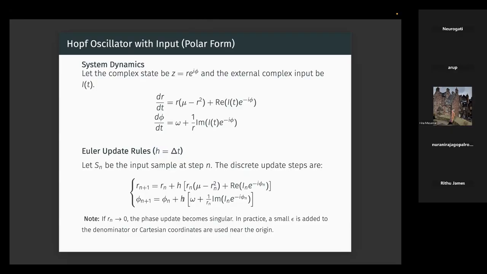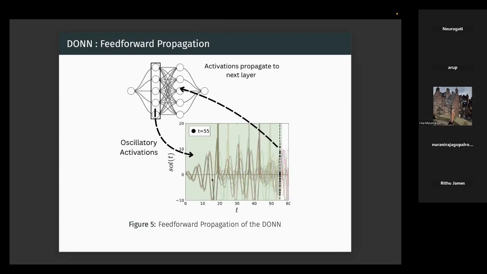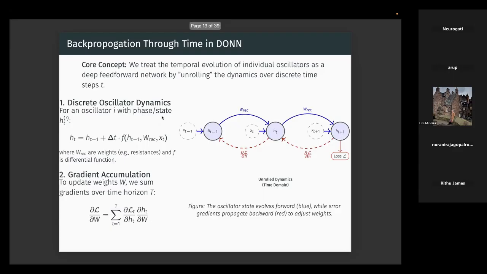So you'll get a time series. This time series will look something like this, which is the green shaded area. Now this time series is sent in the forward direction to the next layer. Previously you had tanh activations, now you have oscillatory activations. Think of it this way. Now this is a feed forward.